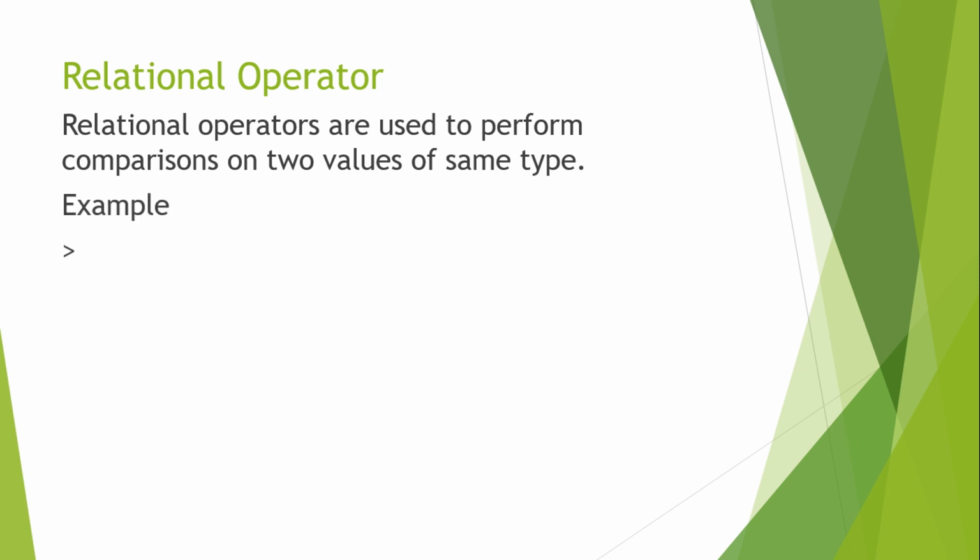The examples are greater than sign, less than sign, greater than or equal to, less than or equal to, or single equal to, which is for equality. Whichever relational operator you use, it shows you the relationship between two operands. The relationship is the greater operand, the equal operand, and so on.